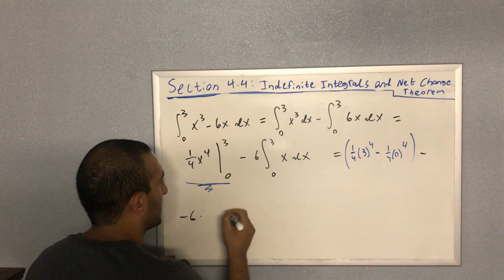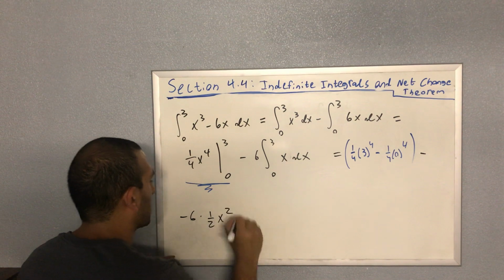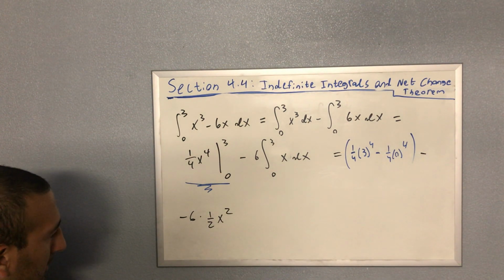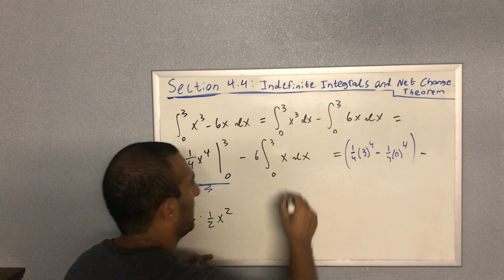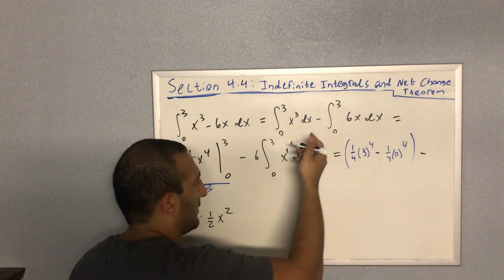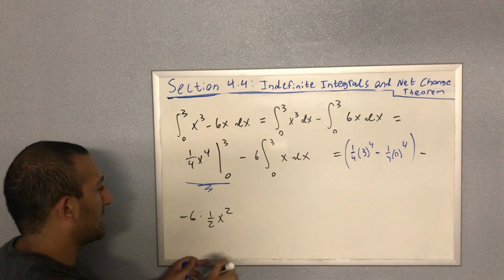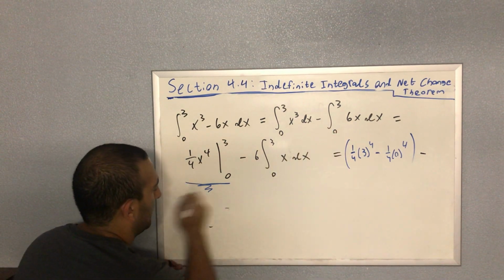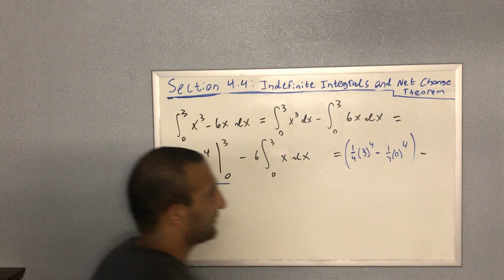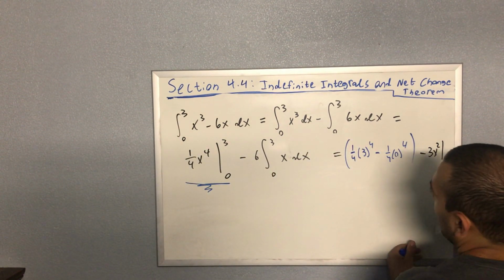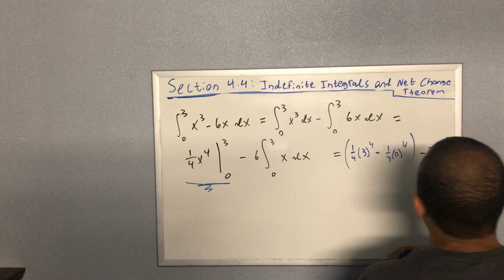So this is negative 6 times 1/2 x squared, right? Because to the 1 up here, you add 1 and divide by that same thing. Okay, and then this is the same thing as negative 3x squared. So this is just minus 3x squared evaluated from 0 to 3.